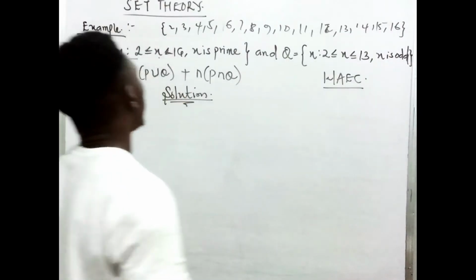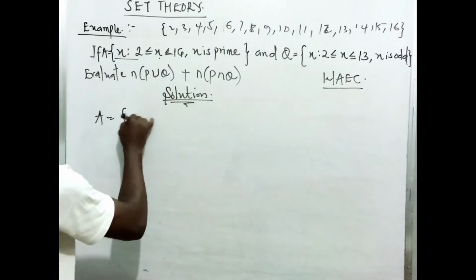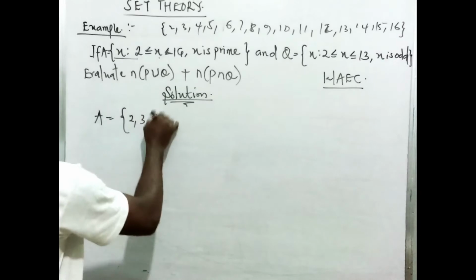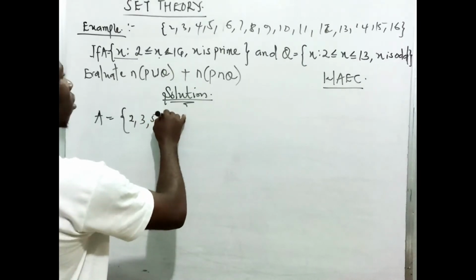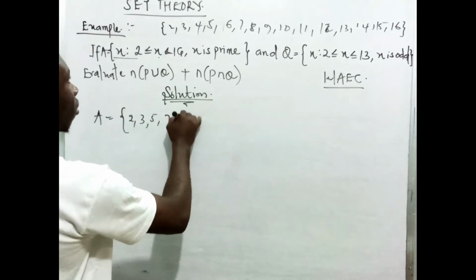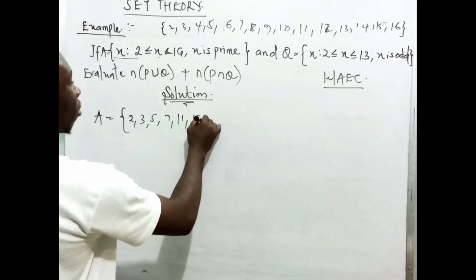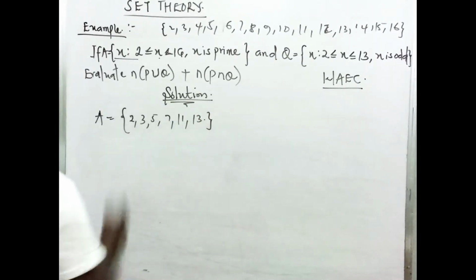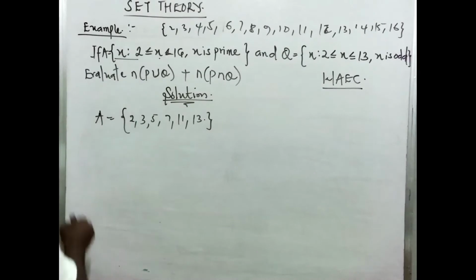And picking our prime numbers here, we have 2, 3, 5, 7, 11, and 13.